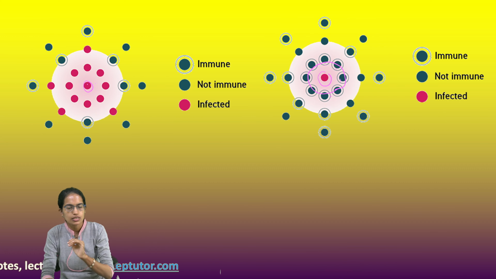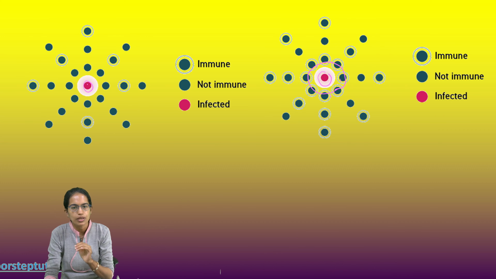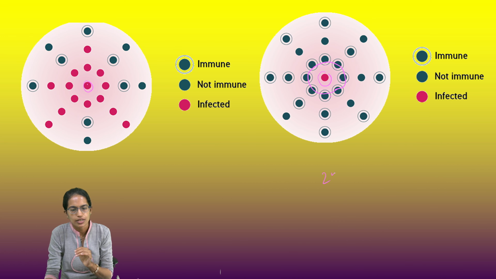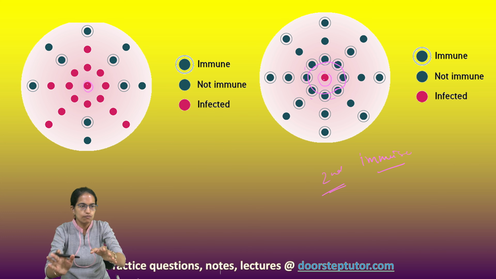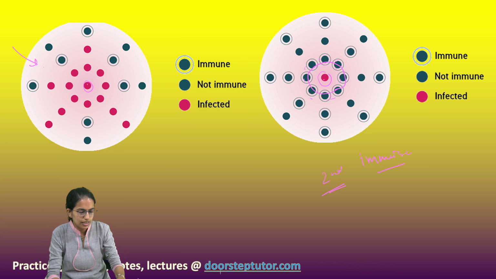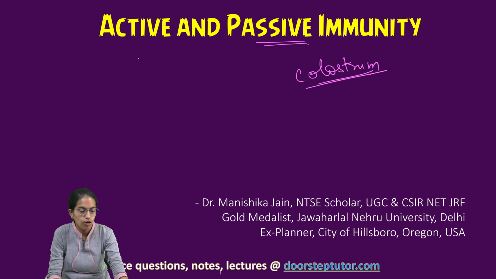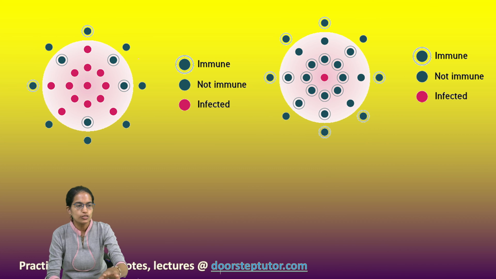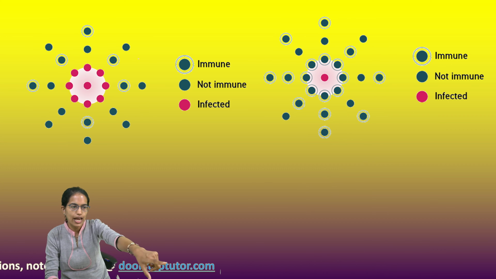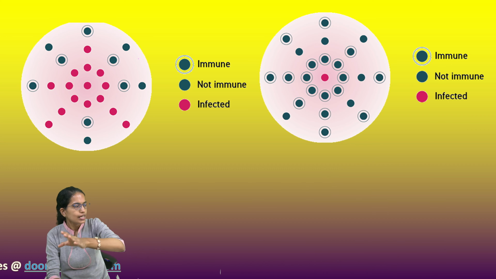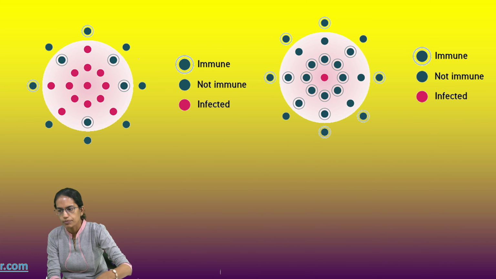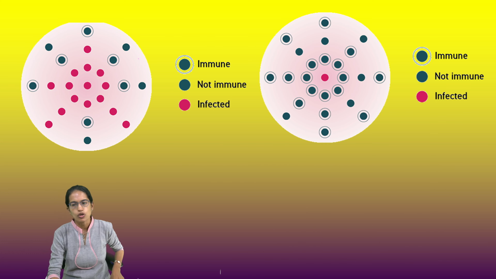So as you can see in the diagram, the infection carried on in one case, but in the other case the infection was not able to carry itself further because of the immunity.